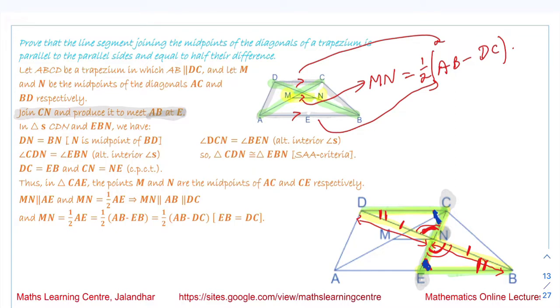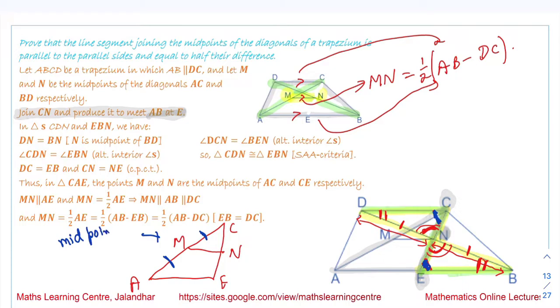Now we look at the triangle ACE. We have two points over here, one is the point N and the second is the point M. Now from the question we have AM and MC equal because M is the midpoint of diagonal AC.